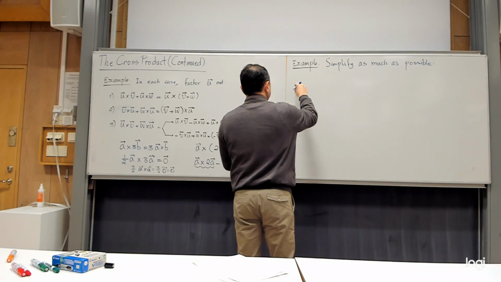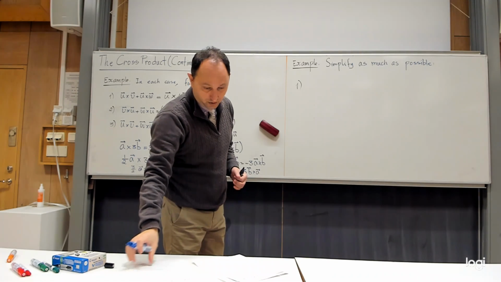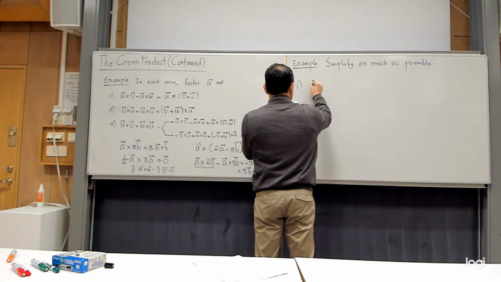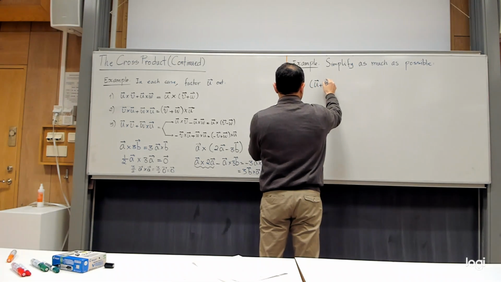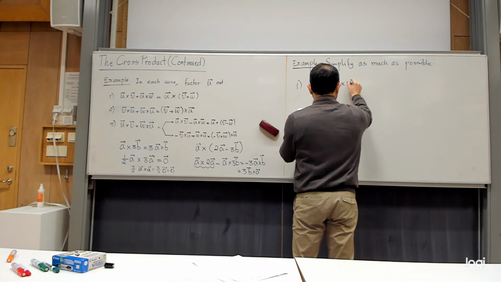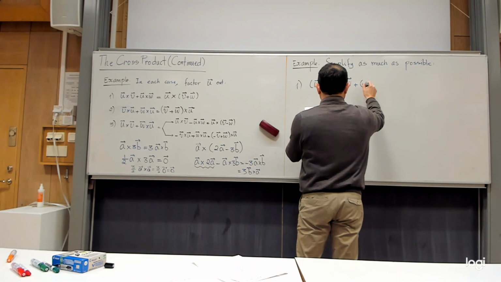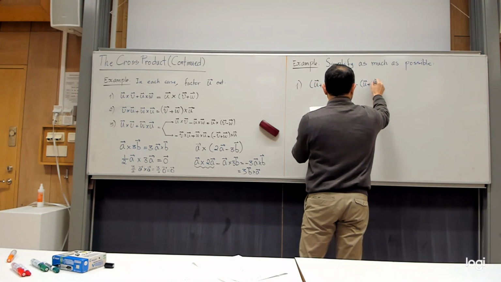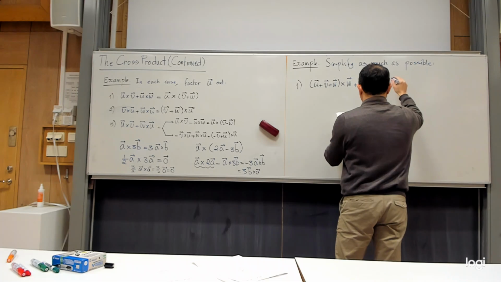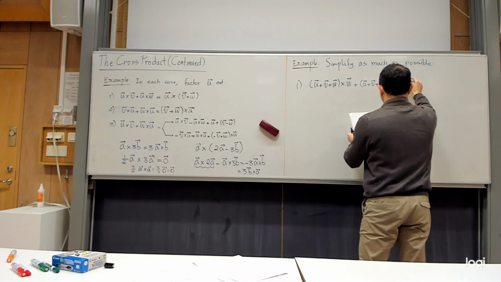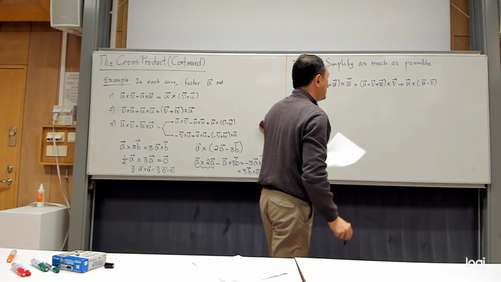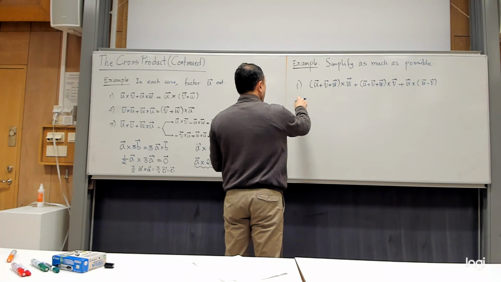Number one: u plus v plus w cross product by w, plus u plus v cross product by v, and then u cross product w minus v. Okay, so you start doing that. It's very, very simple algebra. And I will write you one more.